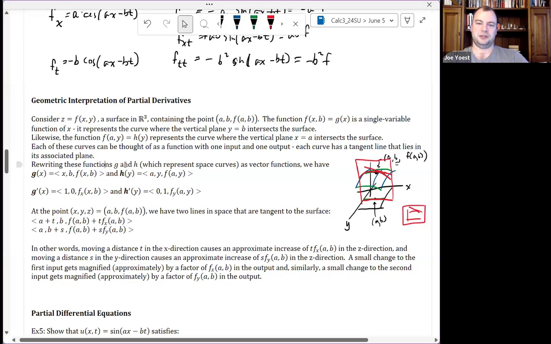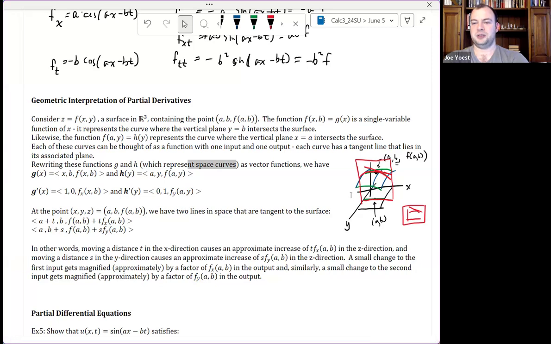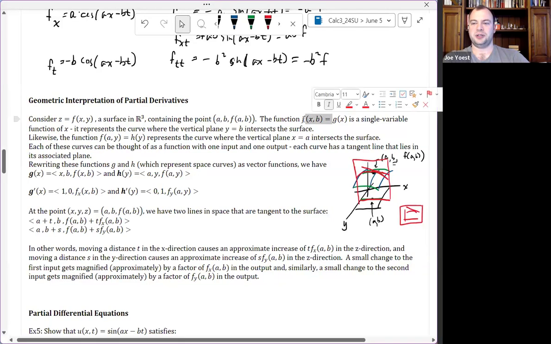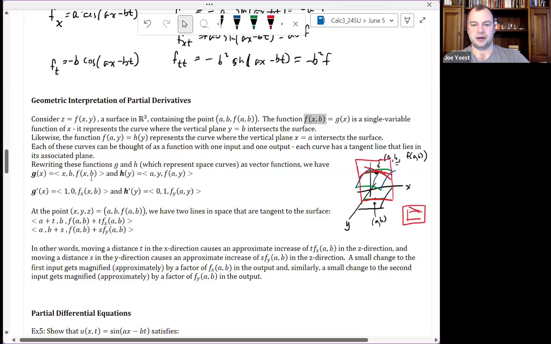If we rewrite these functions as little g and little h, remember they represent space curves. They represent some tracing in three-dimensional space. We're envisioning it as a two-dimensional space because it's only operating in this plane, but it is in three-dimensional space. We could rewrite them as vector functions. We have the vector function g(x) equals, well, g(x) is associated with the input (x, b) and the output f(x, b): the xy coordinate (x, b), and the z coordinate f(x, b).